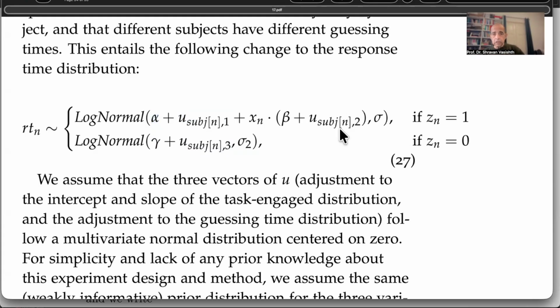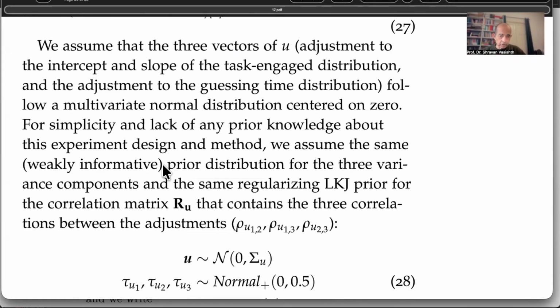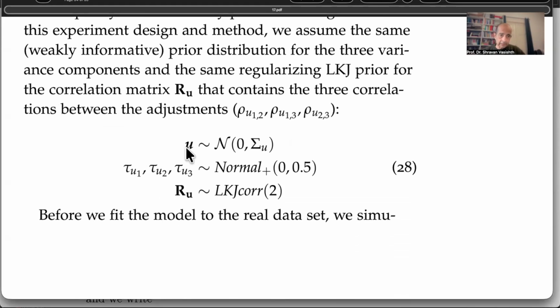The second column will represent the by-subject slope adjustment to the beta parameter in the task engaged case, and the third column will represent the intercept adjustment in the non-task engaged case. Okay, so that's why this is going to be 3-dimensional.